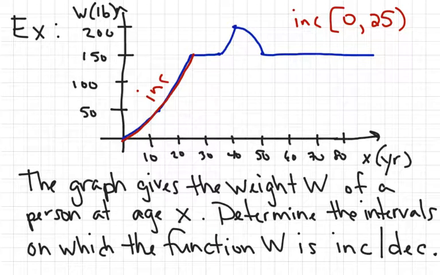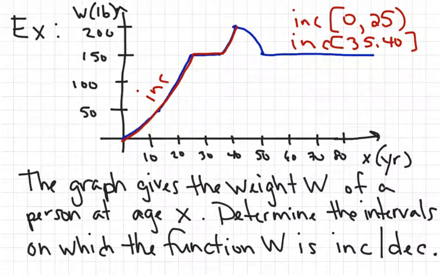Well then, from 25 to 35, it is neither increasing nor decreasing. It remains constant. And then from 35 to 40, it increases again. Then, from 40 to 50, the graph is decreasing because my pencil went down.